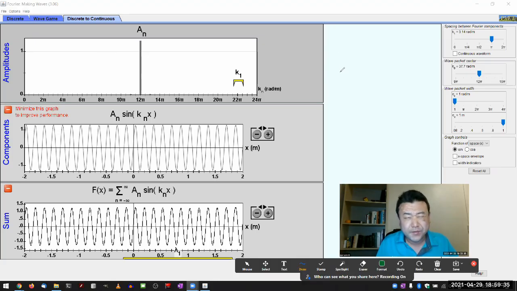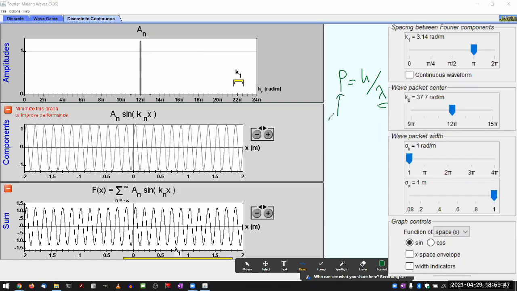I think this is the version that's in your textbook. Momentum is given by Planck's constant divided by wavelength. This relates the wavelength, which is what the simulation is dealing with, to momentum, which is a particle property. So through this relationship, any uncertainty in wavelength becomes uncertainty in momentum.